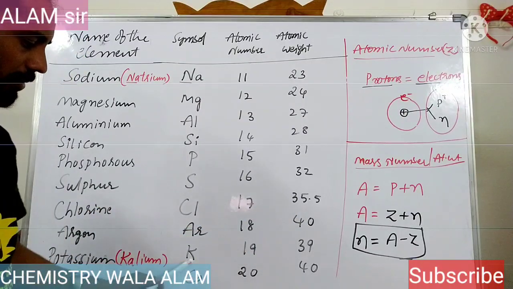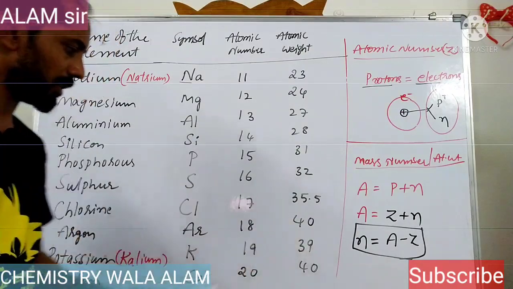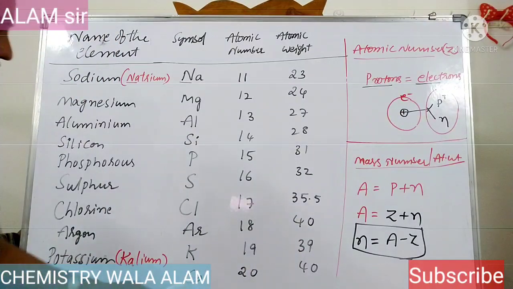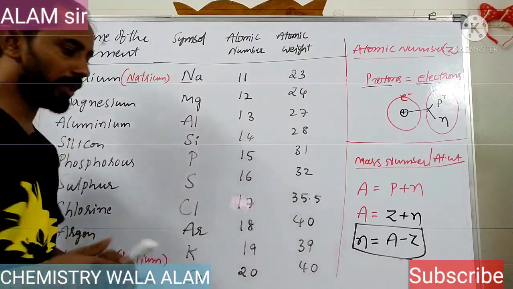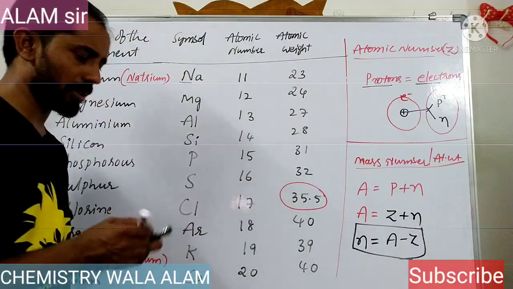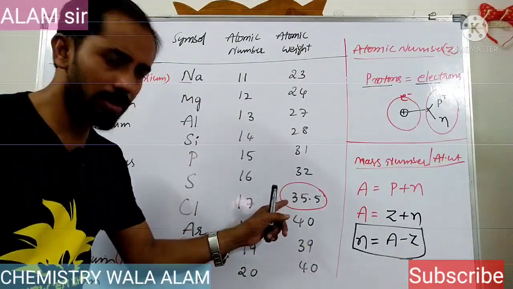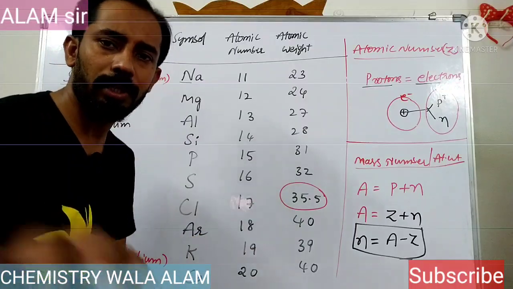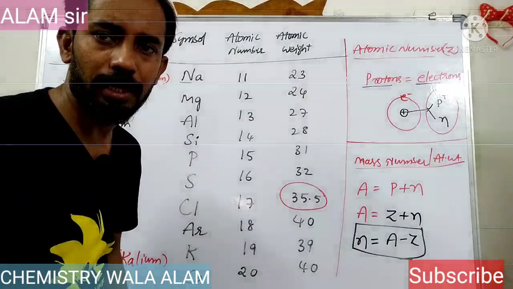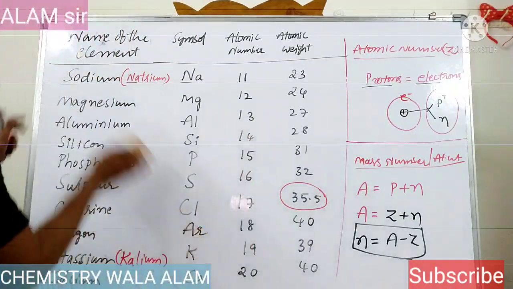Potassium Latin name is kalium, that's why symbol is K, atomic number 19, atomic weight 39. Calcium Ca 20, 40. Here why the fractional value? Within the first 30 elements, of course the remaining also are present, but based on the isotopes, the value we are getting is nearly 35.5, and that's what we are considering.